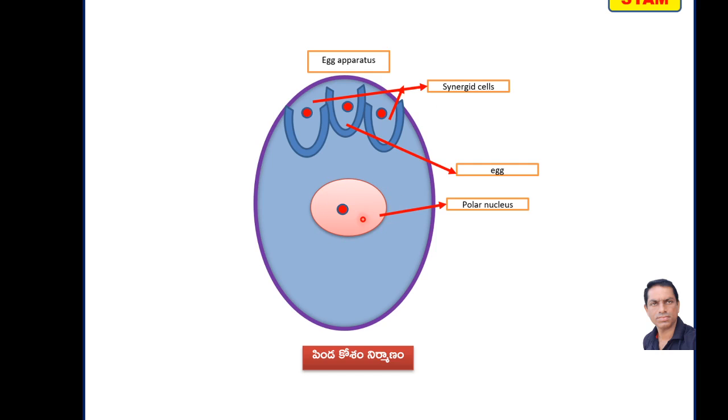Only one polar nucleus is present. The second polar nucleus and antipodal cells are absent in the Oenothera type. So what is the main difference between the Polygonum type and the Oenothera type? Polygonum is 8-nucleated, Oenothera is 4-nucleated. Antipodal cells are absent in the Oenothera type.